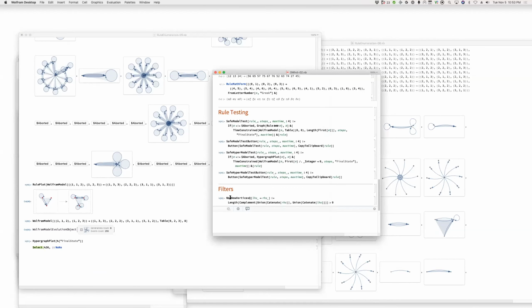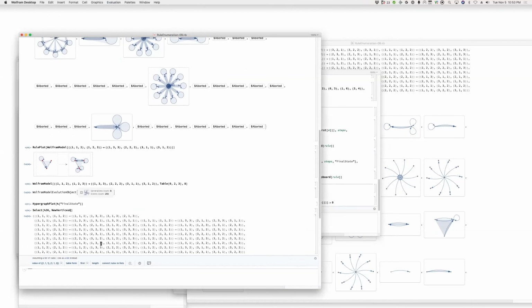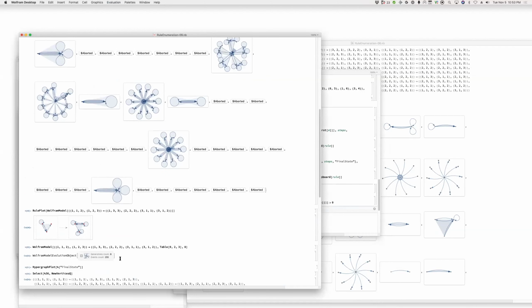Whoops. That's new vertices Q. Checks that. A much more modest number.